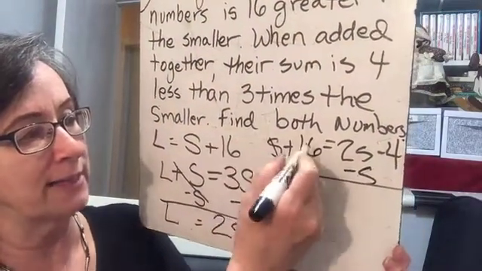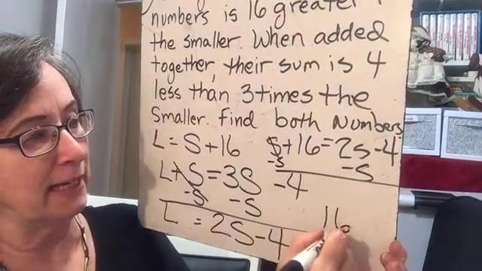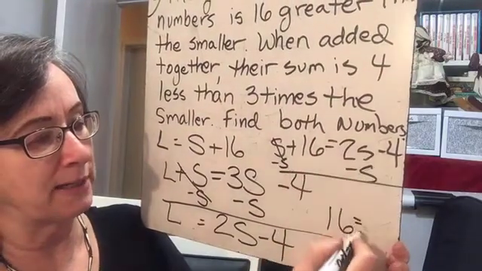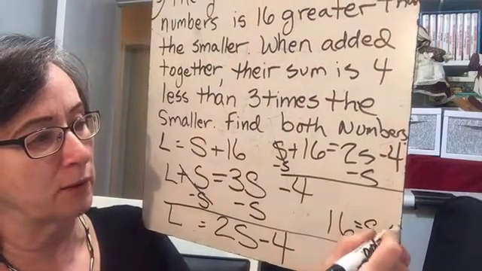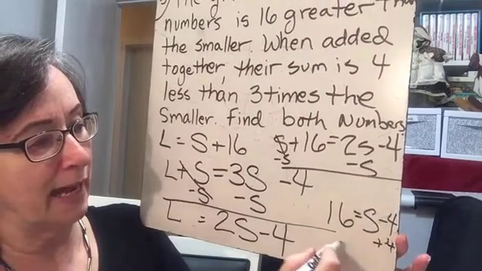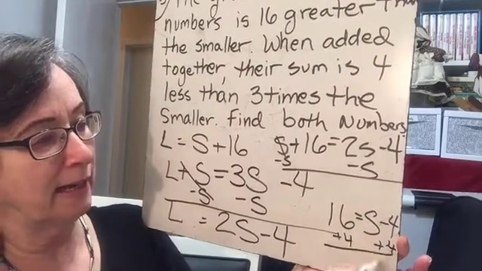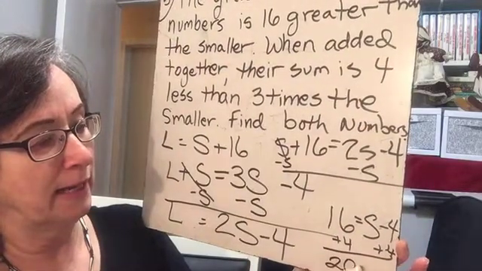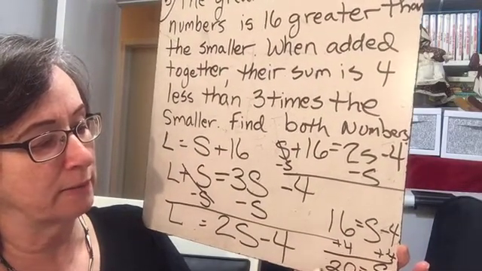So now on the left, I have 16 equals 2S minus S, which is just S, minus 4. Okay, so now I'm going to add a 4 and add a 4 to the other side. And I get 20 is the smaller number.